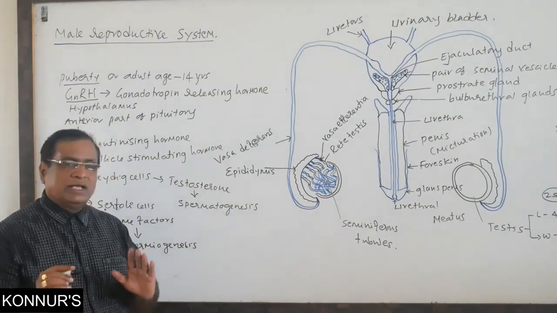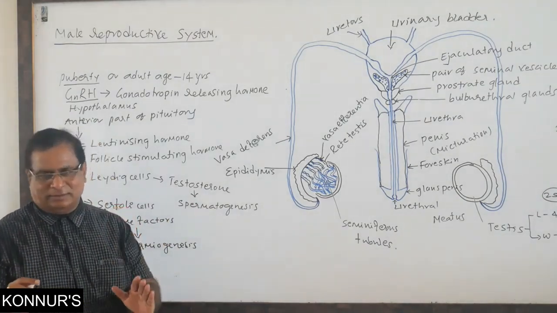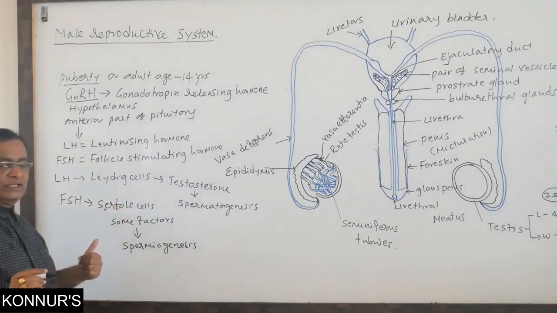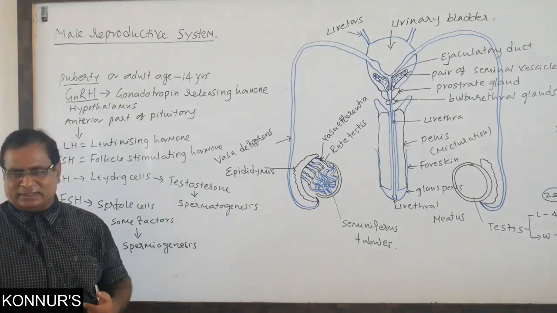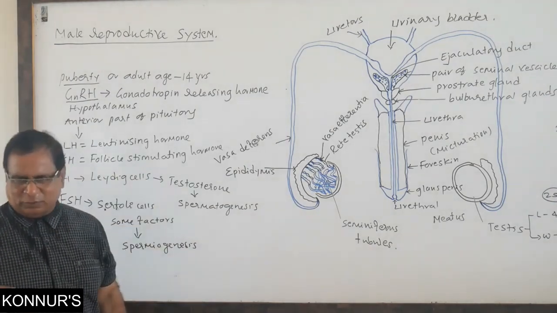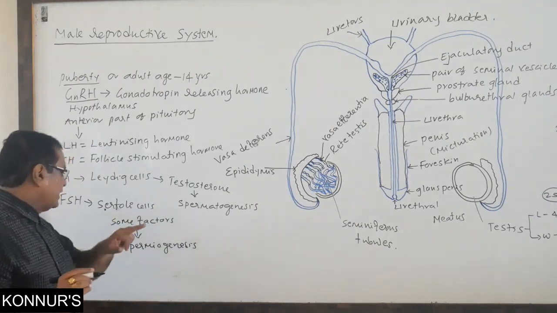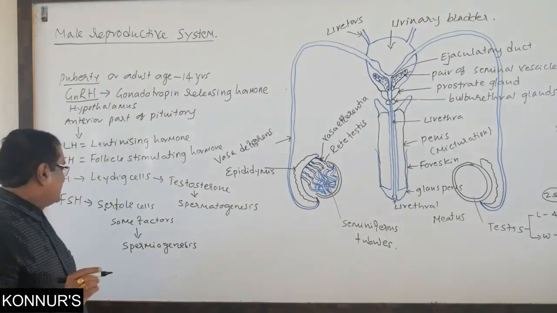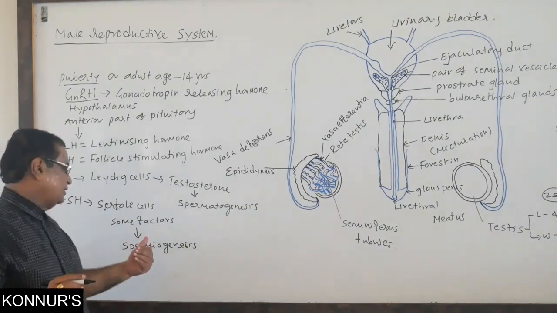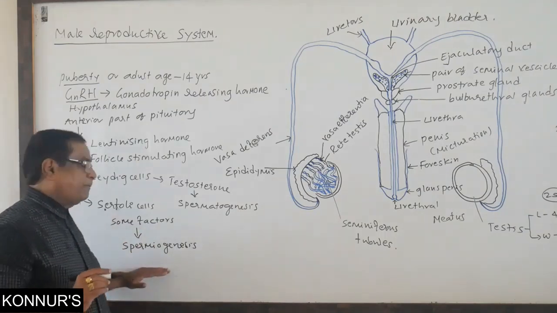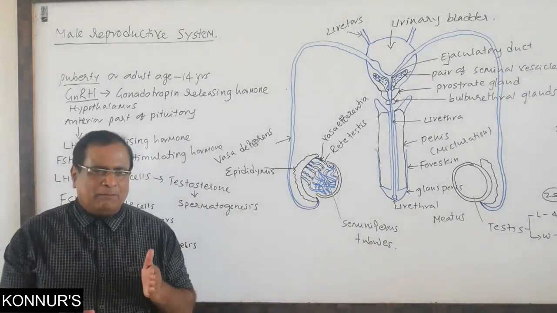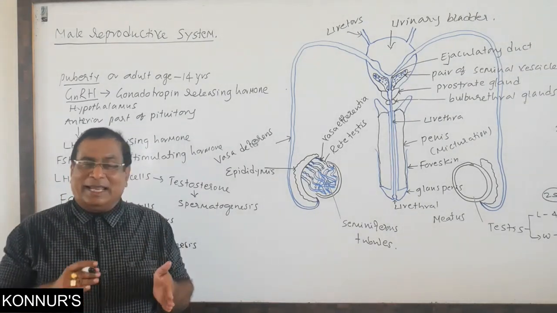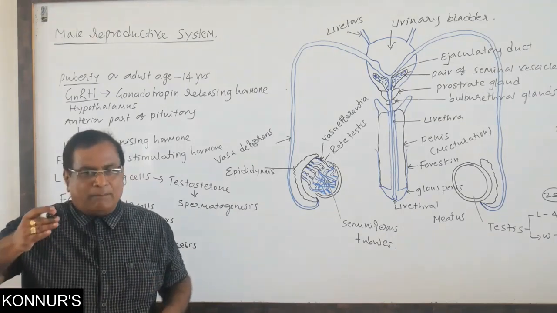Testosterone helps spermatogenesis. FSH stimulates Sertoli cells within the seminiferous tubules, and these secrete factors that help spermiogenesis, the conversion of immature spermatids into matured sperms.